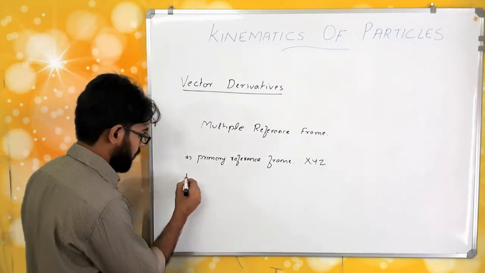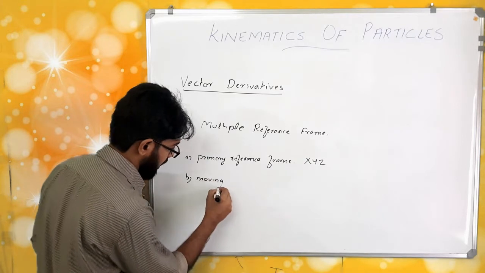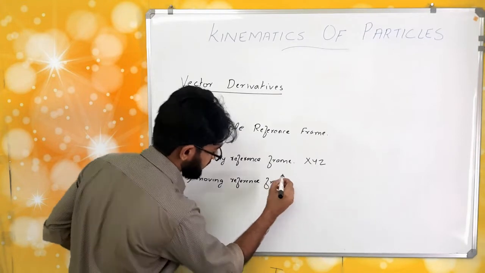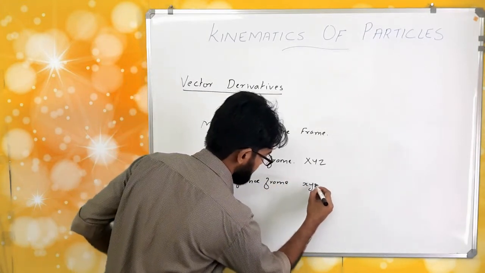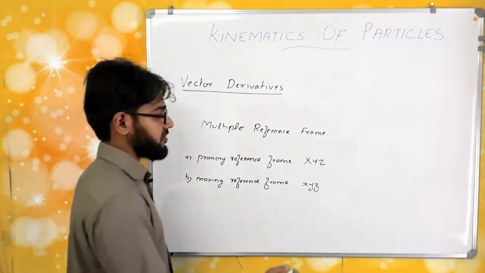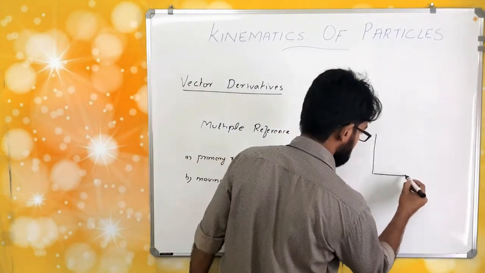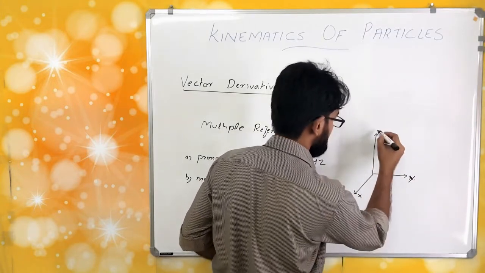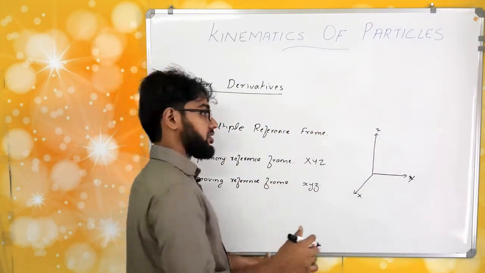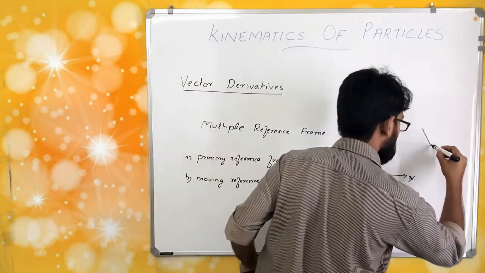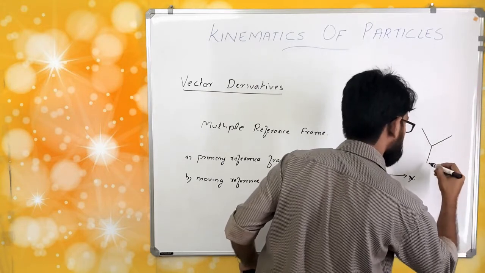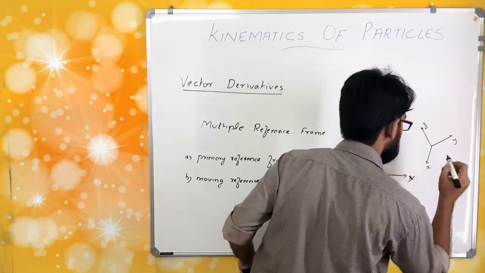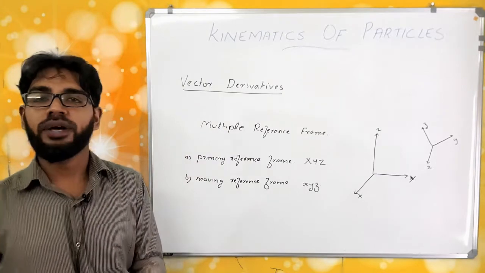Now the second one, I have a moving reference frame, say I use small x, y, z. So as such I have capital XYZ as the primary inertial frame, and a moving reference frame small xyz.